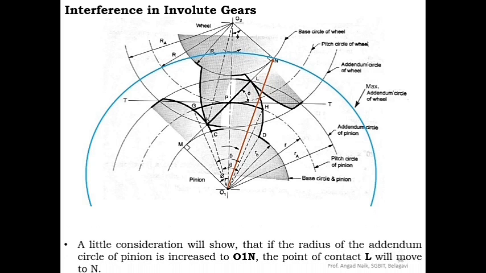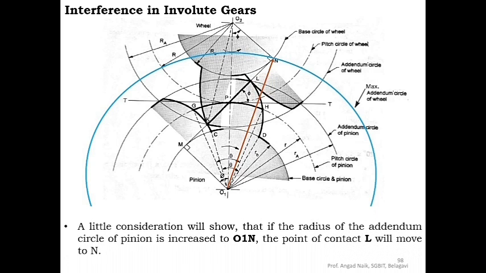Also, a little consideration will show that if the radius of the addendum circle of the pinion is increased to O1N, the point of contact, which in the beginning is at point L, will move to point N.